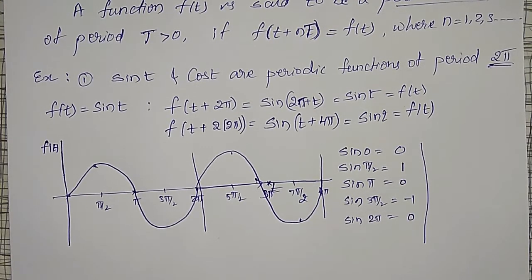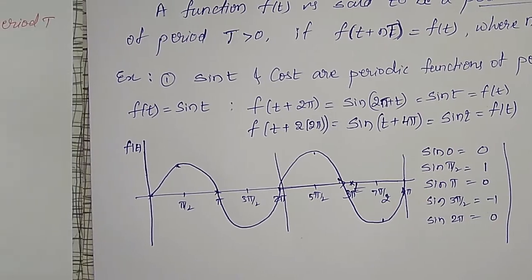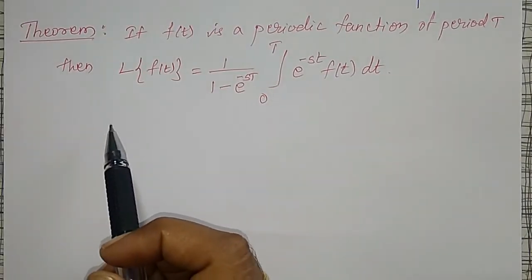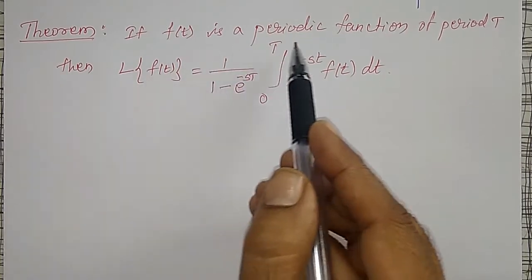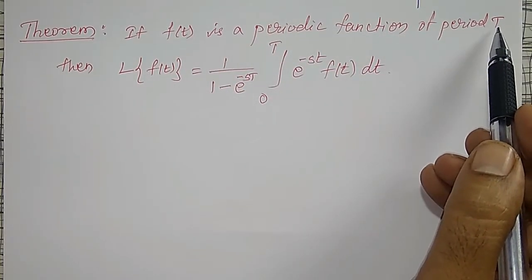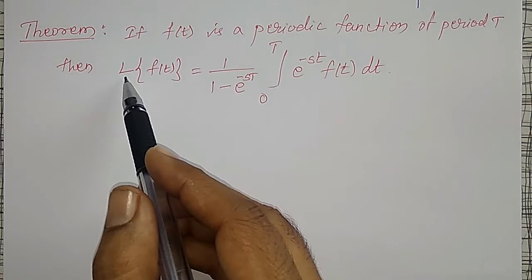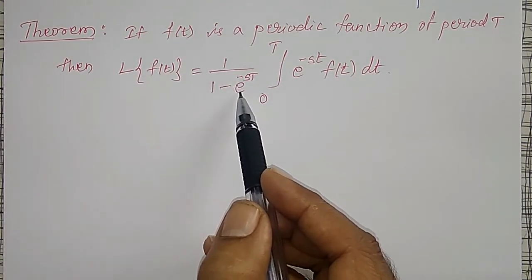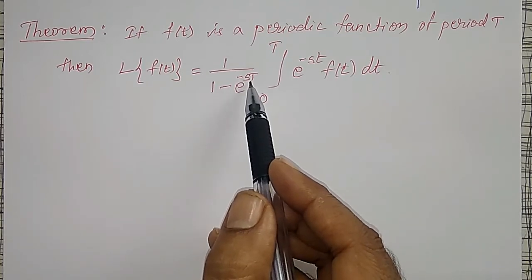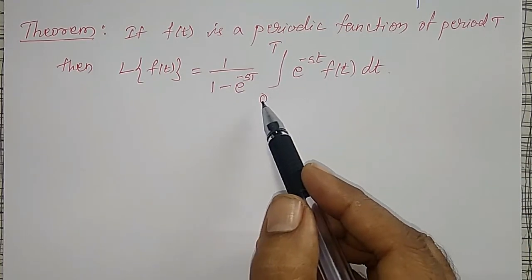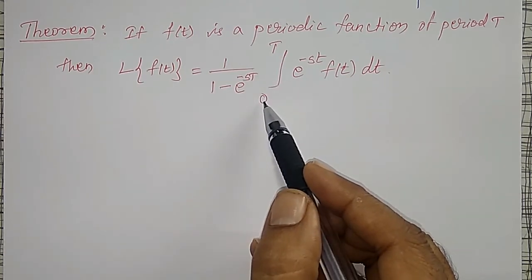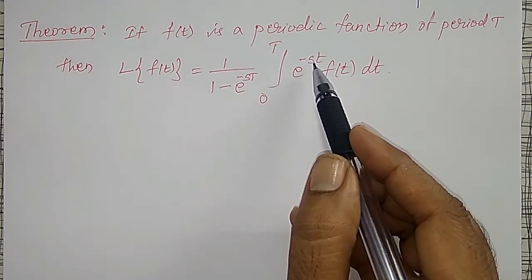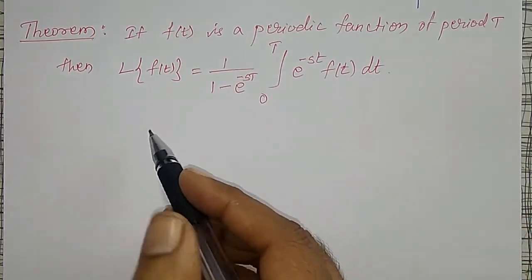Next I am going to discuss, if function f of t is a periodic function, then what will be its Laplace transform. The theorem is, if f of t is a periodic function of period capital T, then the Laplace transform of f of t is 1 divided by 1 minus e raised to minus s T, where capital T is that period, times the integration between 0 to T of e raised to minus st into f of t dt.